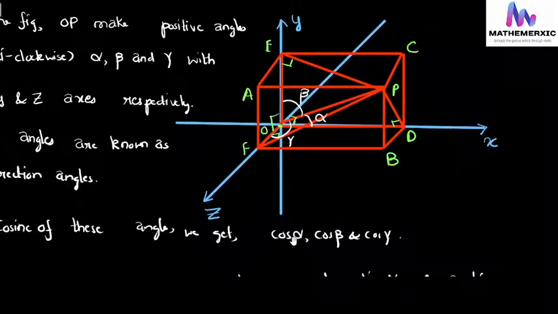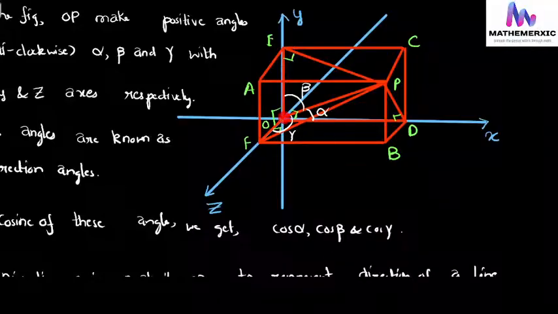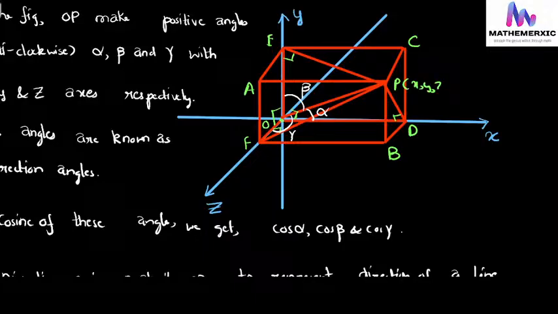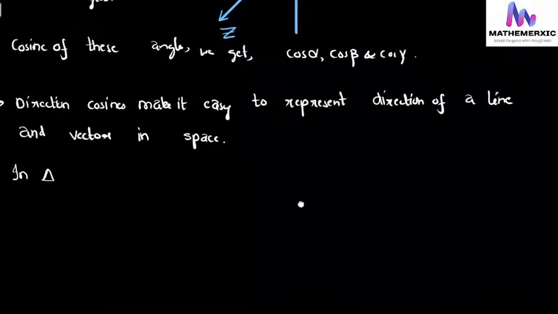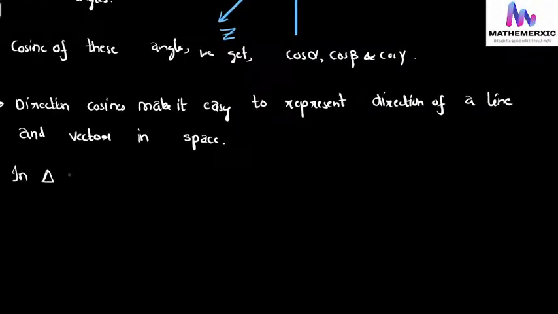In triangle ODP, it is at right angle at D, and if you find cos of alpha, it is base upon hypotenuse, that is x, because for P we have the coordinates X, Y and Z. So in triangle ODP, cos alpha will be equal to OD by OP, and we know that OP, the distance of the point from the origin, is root of all the coordinate squares.